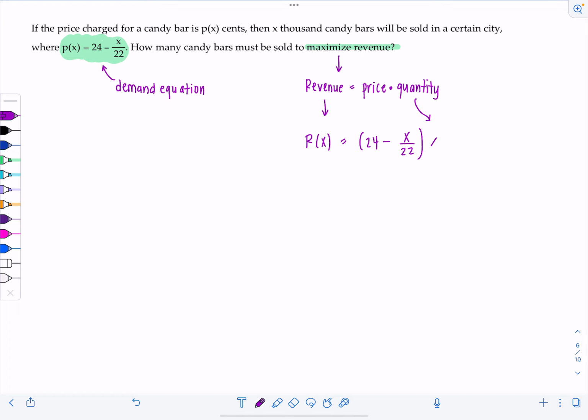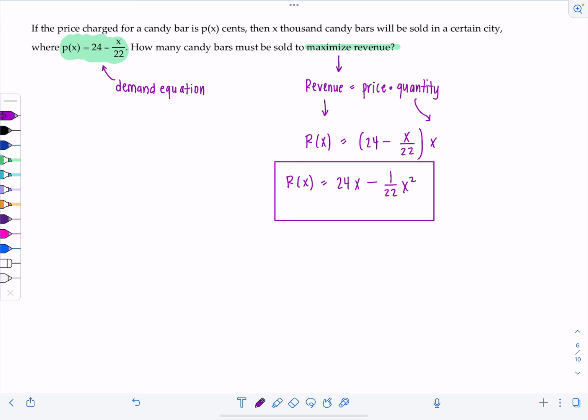The quantity is just plain old x. Okay, so now let's distribute and clean up. That way we can write our revenue function in a way where we can take the derivative easily. So it's 24x minus x squared over 22. I'll write that as 1 over 22 x squared. All right, here's our revenue function.